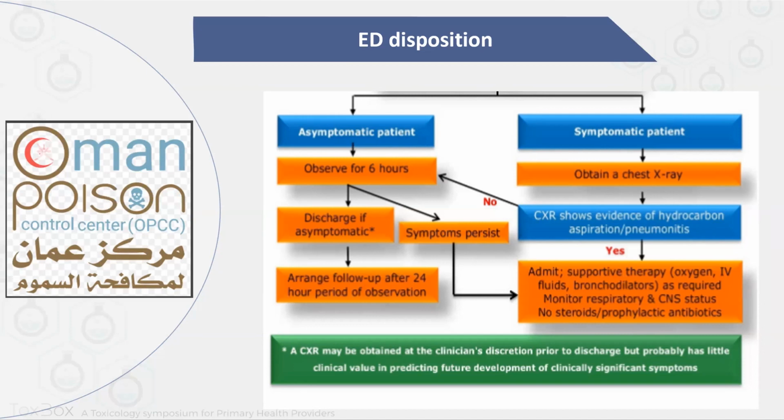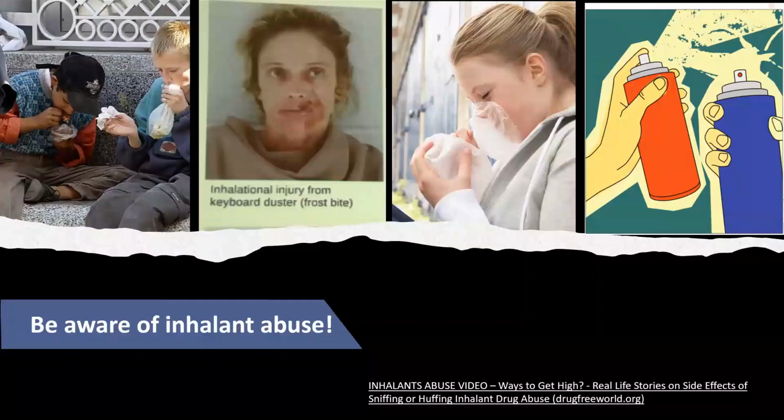Chest X-ray, evidence of hydrocarbon aspiration or pneumonitis? It was no. So just observe the patient for around 6 hours. If he is asymptomatic, discharge him with a follow-up after 24 hours. If he has symptoms, admit the patient for observation. But if he has hypotension and a collapsed airway, he needs intubation and should be admitted to the ICU. But the patient should be admitted if he deteriorates.